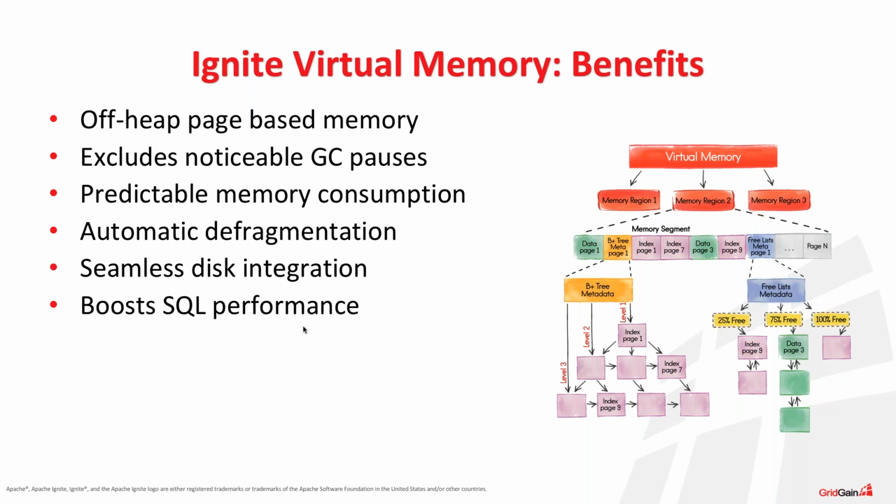Next, another benefit of this virtual memory is that now you can control your memory consumption. If we briefly look at this picture to the right, the virtual memory can consist of several memory regions depending on your configuration, and it's up to you to decide how much memory you want to give to Apache Ignite.